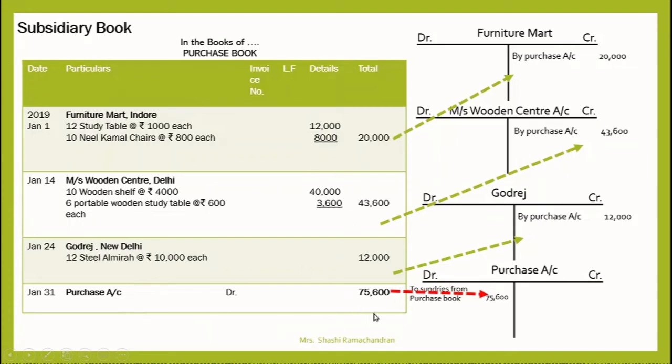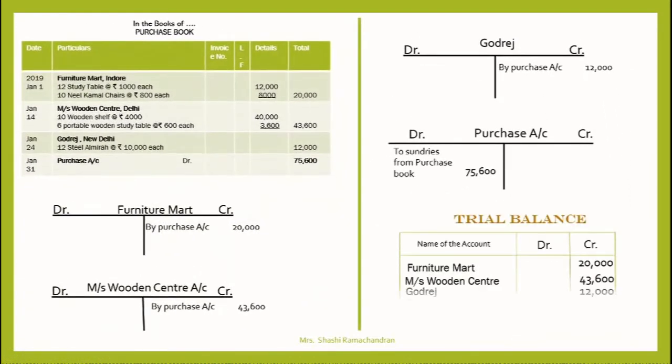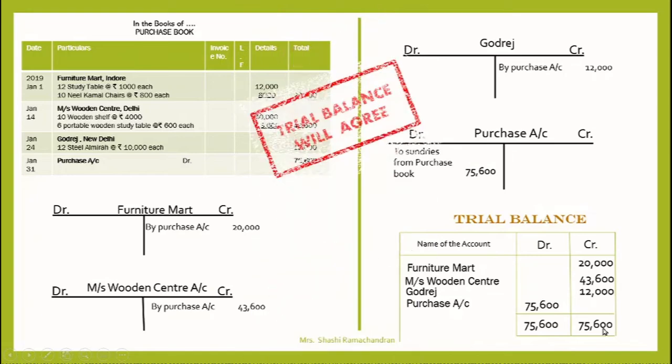Now what happens if this total is wrong? But before that, we'll understand how it affects our trial balance. Let's see how it is written in the trial balance. All the suppliers' amounts are written on the credit side and the purchases on the debit side, and it tallies, so it agrees.